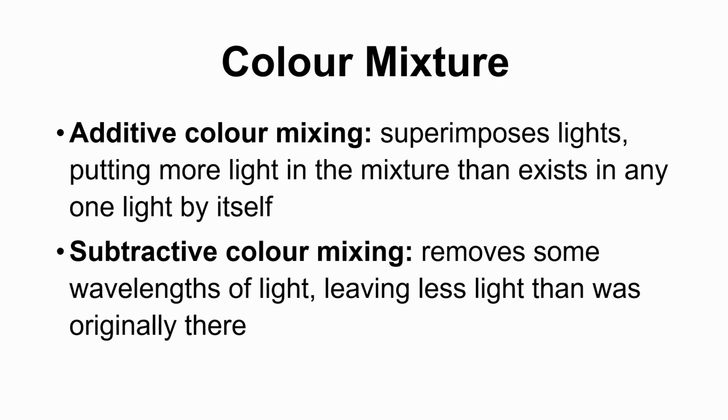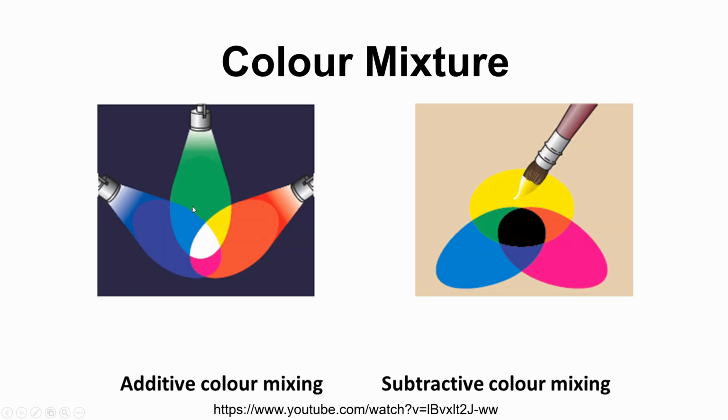Our eyes are going to be superimposing or adding those together. So we're putting more light into the mixture. So here on the left side, when we have green and blue and red, as we add those together, we're going to get closer and closer to white light.